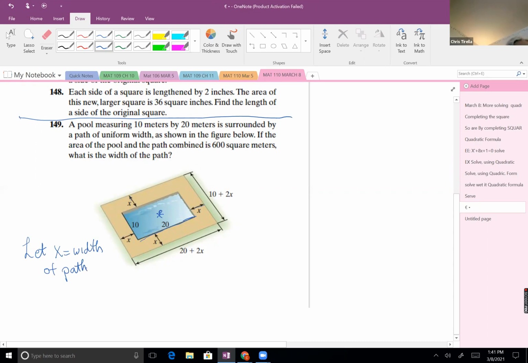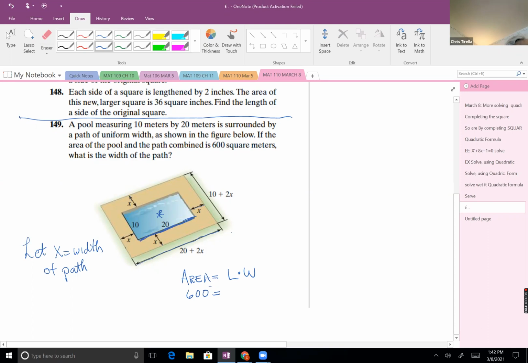They gave us that much. Now they're saying that the area of the whole thing is 600. Well, for a rectangle, is everybody familiar with the idea that area is length times width? And let's look at these expressions that they came up with. Well, before we do that, the area we're told is 600 is equal to, let's see, this length. Well, we know that the side of the pool is 20.